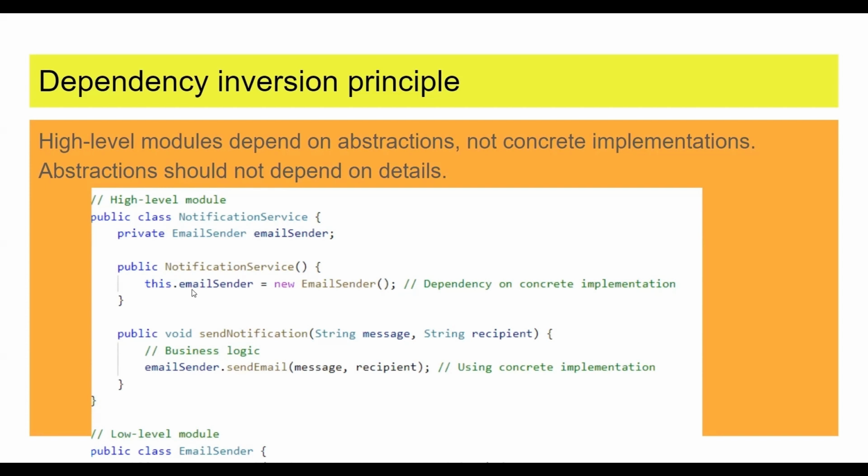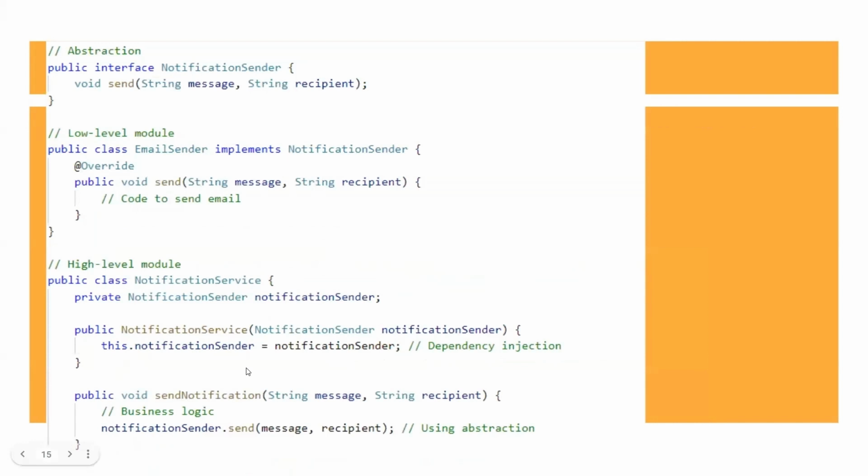To resolve this issue, we can create an interface which will act as an abstraction. In that, we will have the send function defined, and this function will be implemented by the email sender.